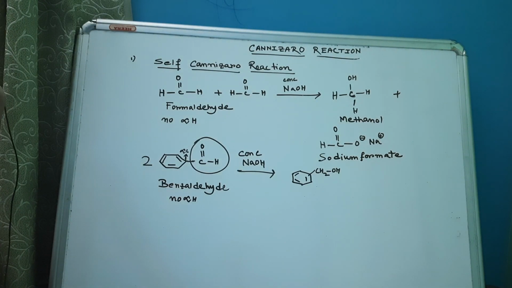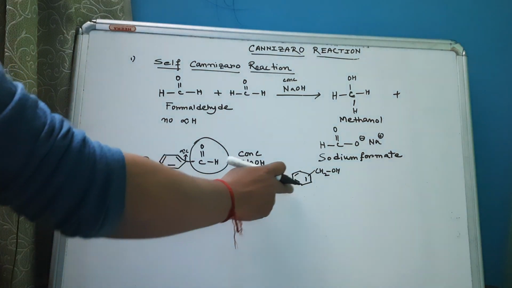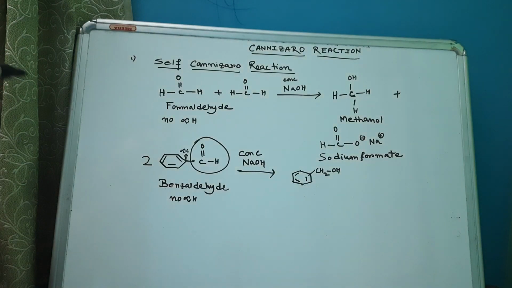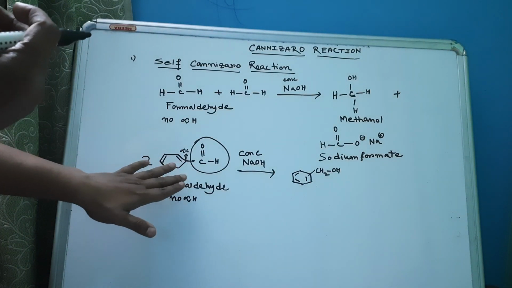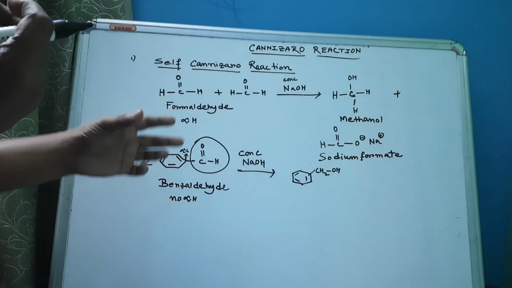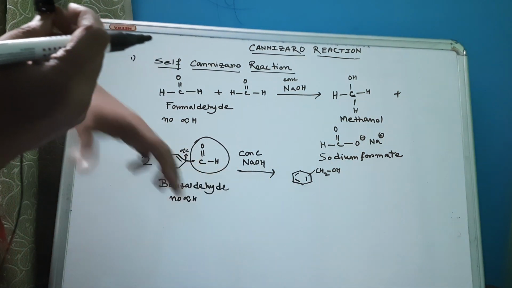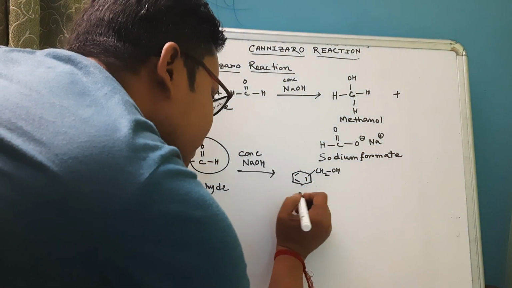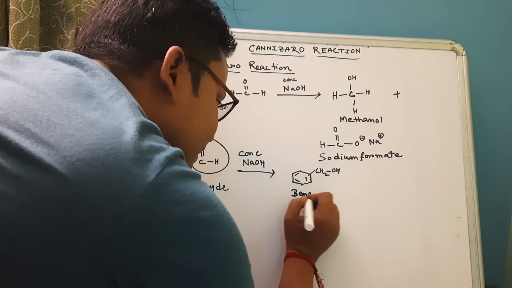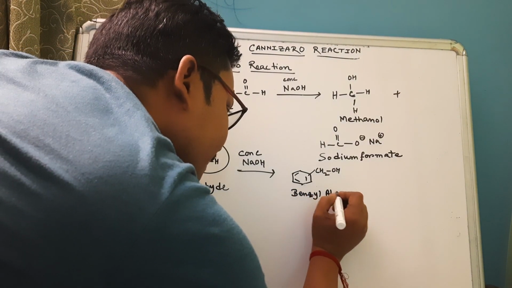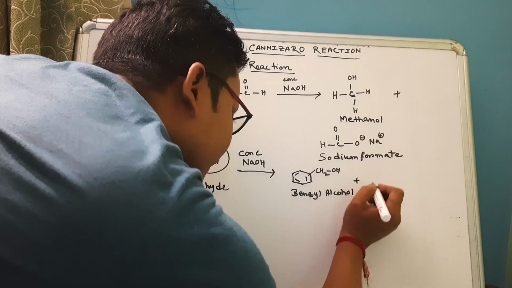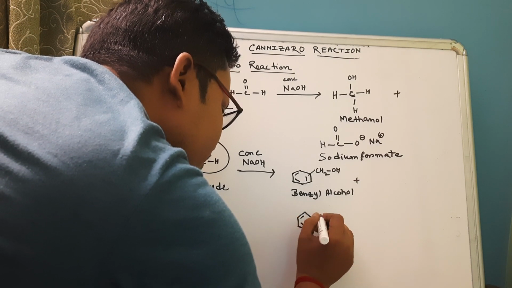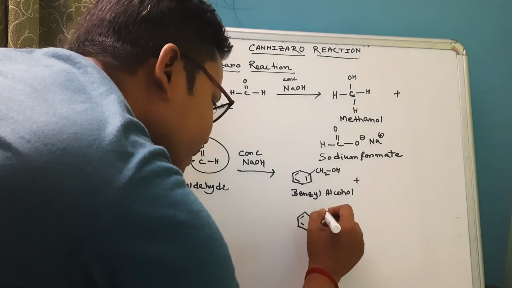But no, the corresponding alcohol shouldn't have any excess or fewer carbon atoms. So the number of carbon atoms present in one benzaldehyde molecule should remain constant in its corresponding acid and corresponding alcohol. So it is benzyl alcohol. This is not phenol, this is benzyl alcohol, and the rest is the salt. I have taken sodium hydroxide here.